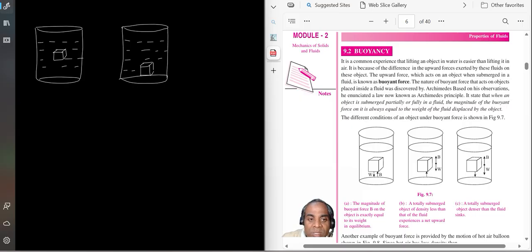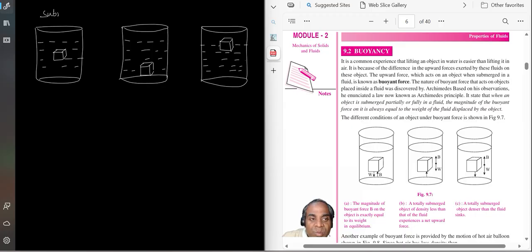And the third situation is the object is floating and only a small portion of the object is inside the liquid, only a partial amount. We will name these cases as submerged case, sinking or sunk object, and third one is floating.